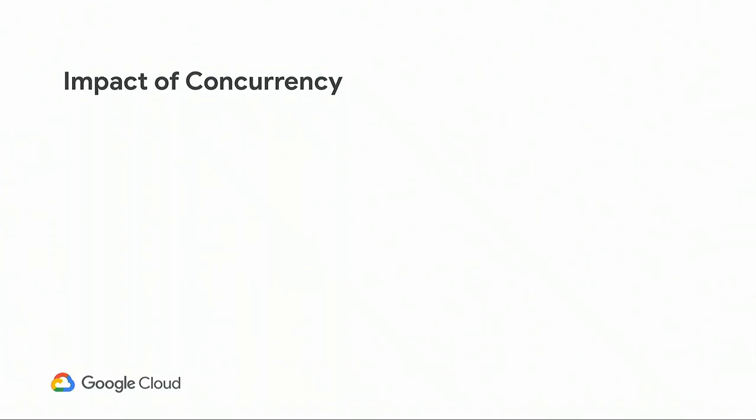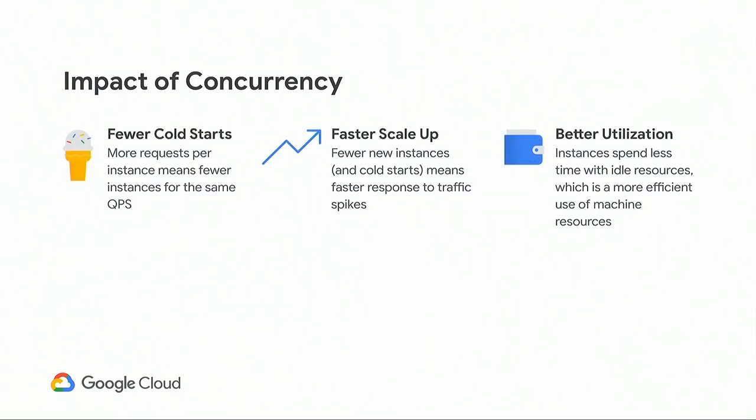So why do we want to do concurrency? Why do we want to complicate our lives? Well, there's a couple of really important benefits. One is you have fewer cold starts. Imagine a ramp up in QPS. If every instance of your function or application can only deal with one request at the same time, every subsequent request that comes in at approximately the same time needs to spawn a new instance.